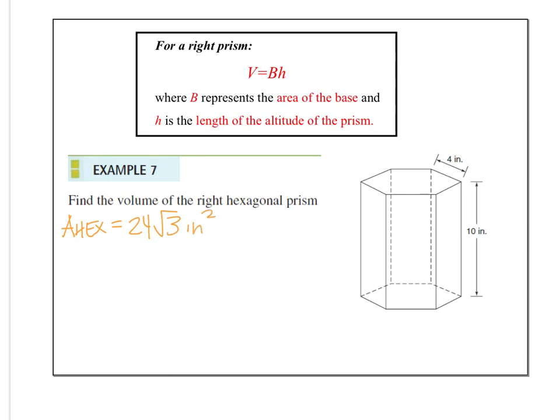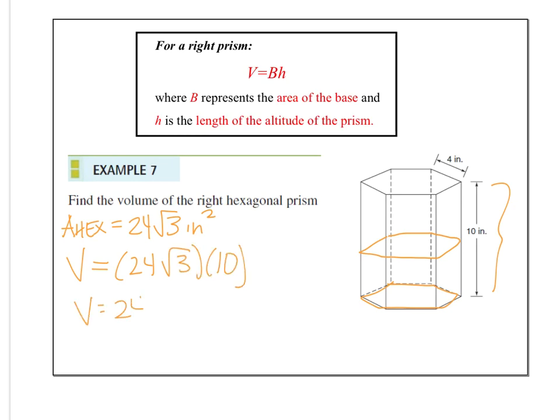But I want to find volume. So I have the area of this guy. I just need to multiply that and have infinitely many, right? I really have 10 tall that will all fit in here. So my volume is the area of my base times the height. So my volume is 240 root 3 inches cubed.